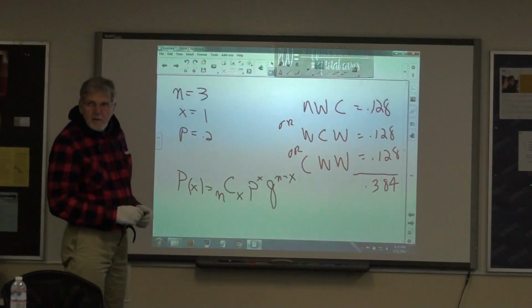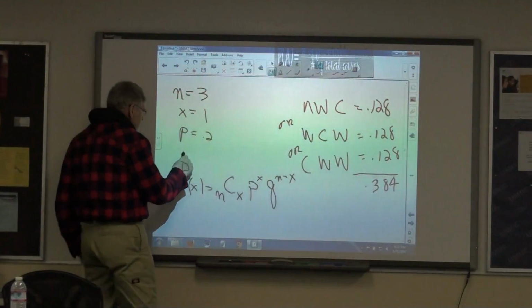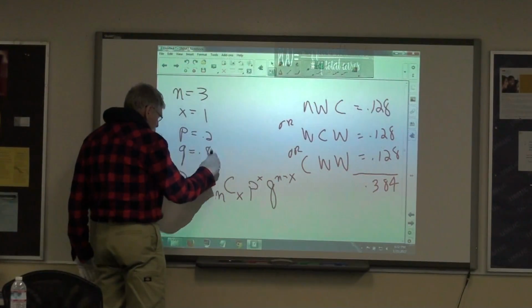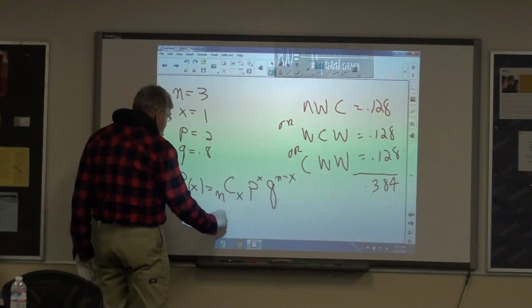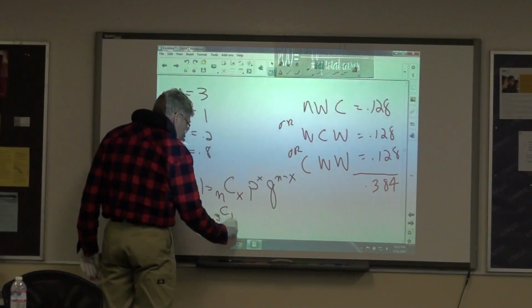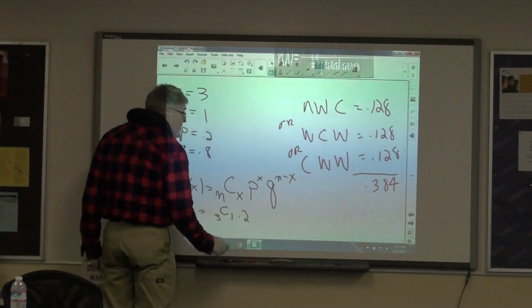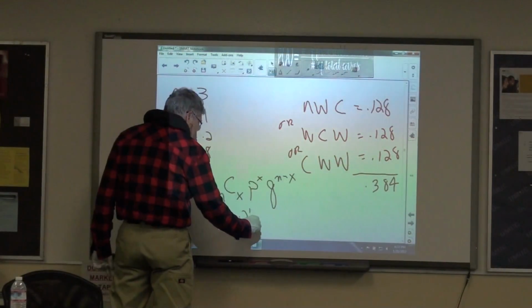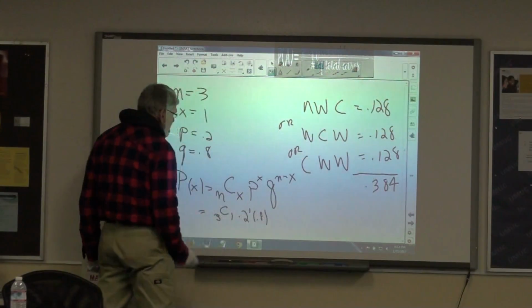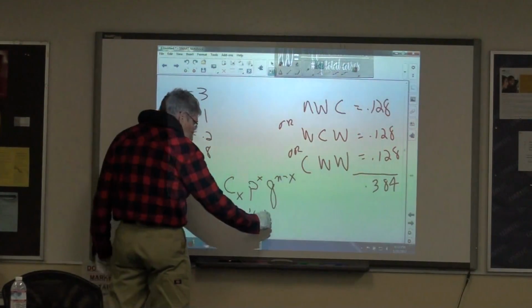And Q equals 0.8. That means the calculation is C(3,1) times 0.2 to the x power, which is 1, times 0.8 to the n minus x, which is 2.